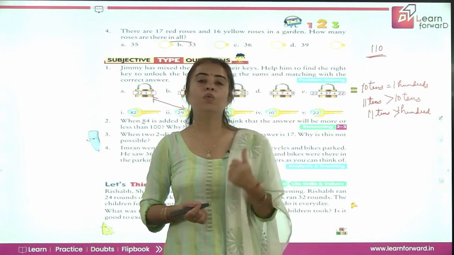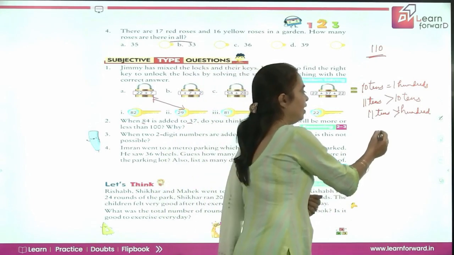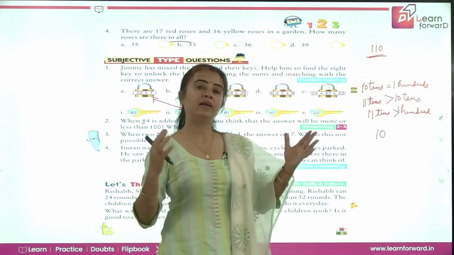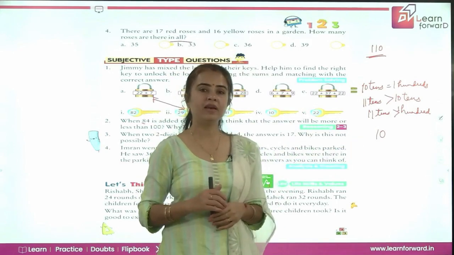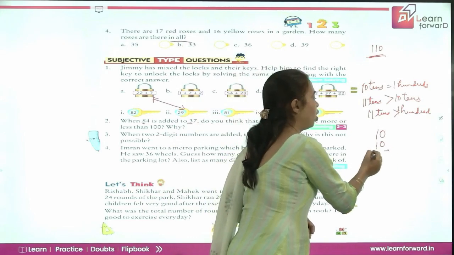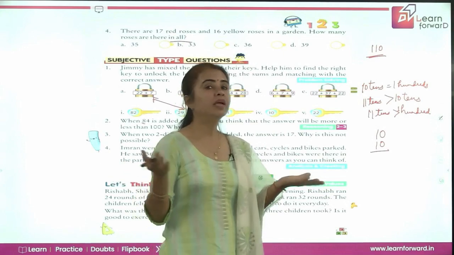Let's say, what is the smallest two-digit number? 10. Now, because you are adding two-digit numbers, at least the numbers should be 10. Let the second number also be 10. So, if you add the smallest two-digit numbers 2 times, what is the sum? It's 20.